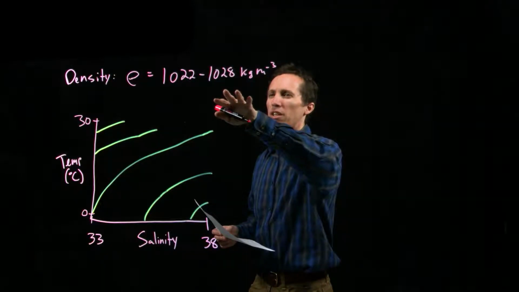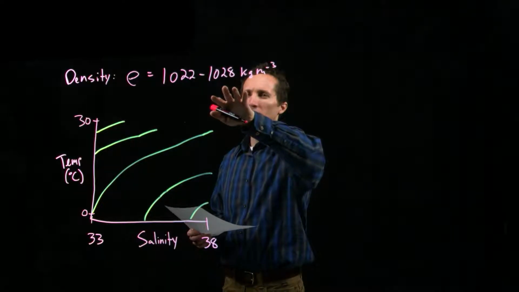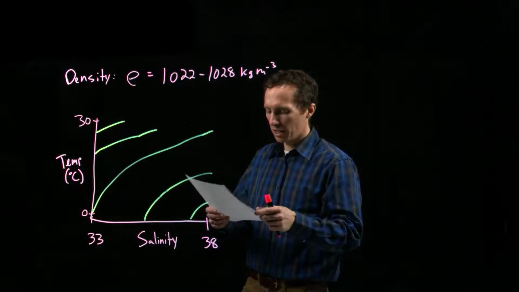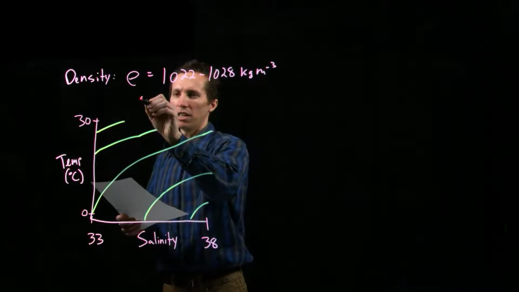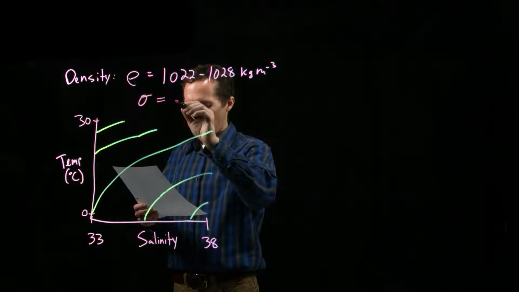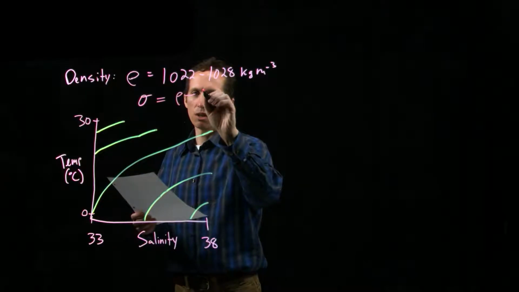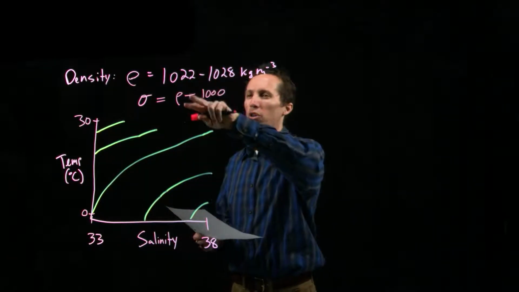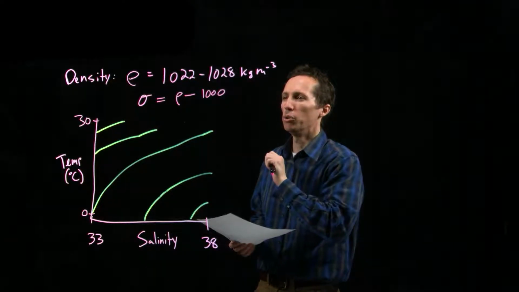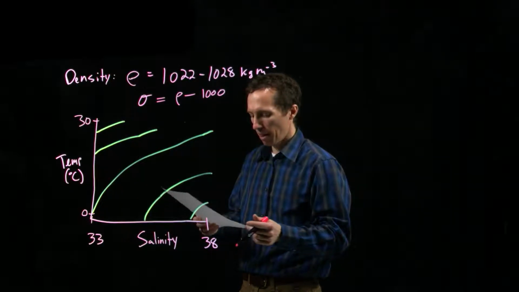Because those variations are so small, we just look at this last portion of the variability in density, and so we define a sigma layer, or sigma, as a property that is essentially rho minus 1,000. So for a density of 1,022 kilograms per meter cubed, sigma would essentially be 22. That's just a notation.